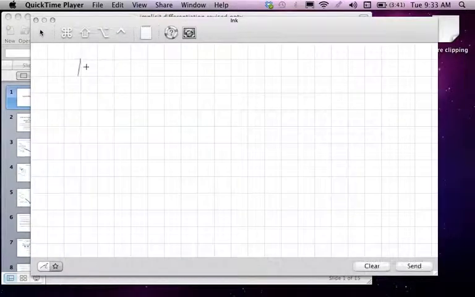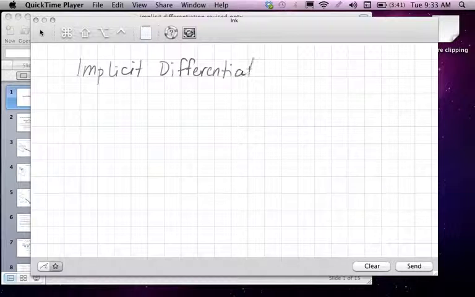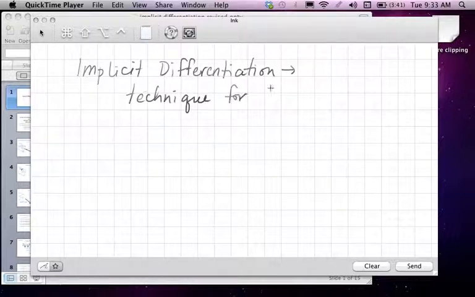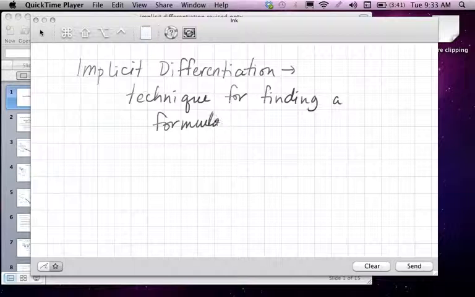All right, this is all about implicit differentiation, which is a technique for finding a formula for y prime.